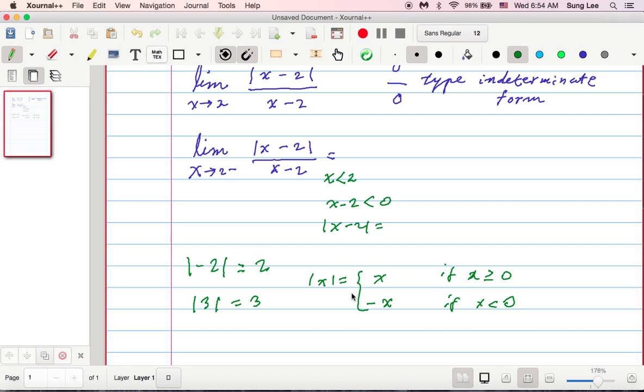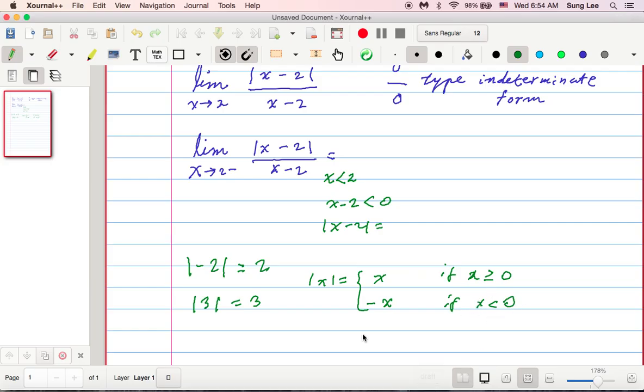They say, professor, that's wrong. Don't you know the definition of absolute value? It has to be positive. But what they don't notice is that x is already a negative number in this case.